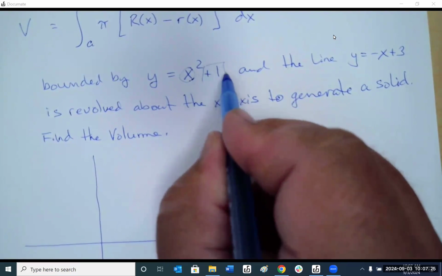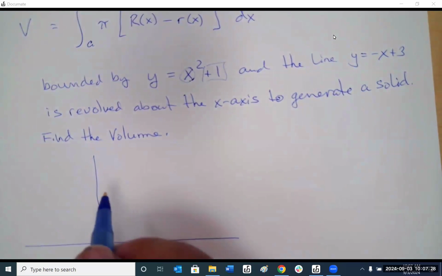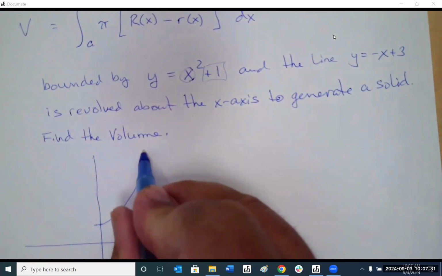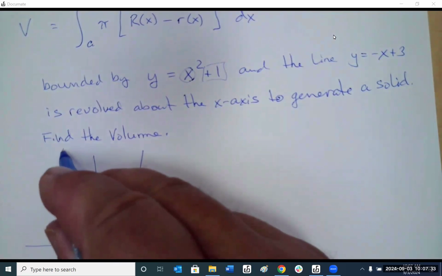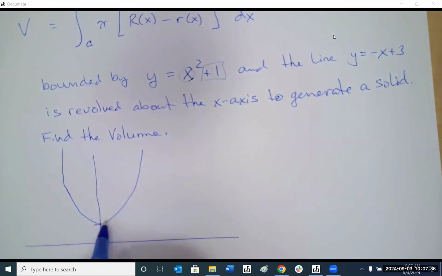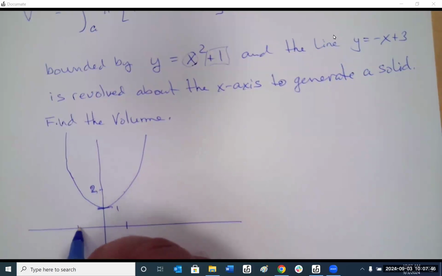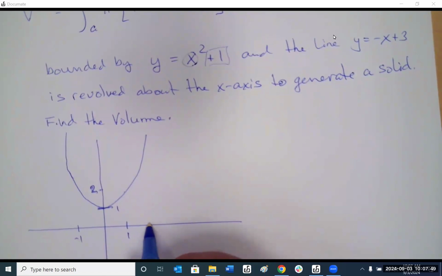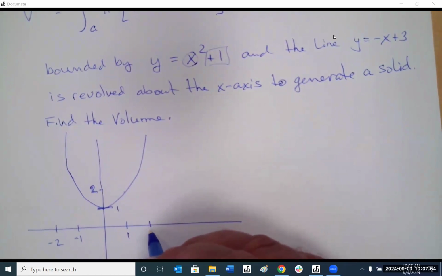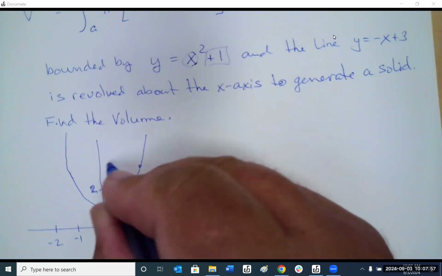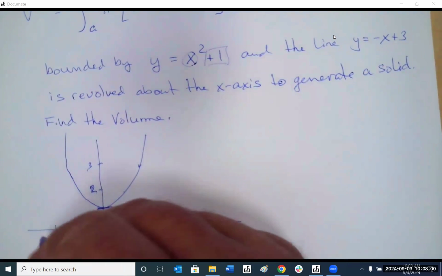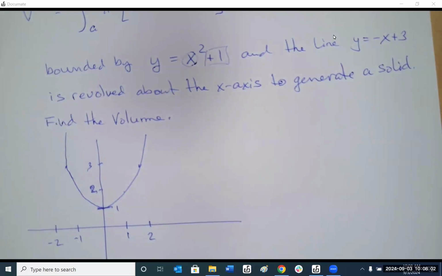So all we do is take the x squared and raise it 1. So the y-intercept is going to be at 1. At 1, it equals 2. At negative 1, it equals 2. At 2, it equals 3, and at negative 2, it equals 3. So there's that graph.